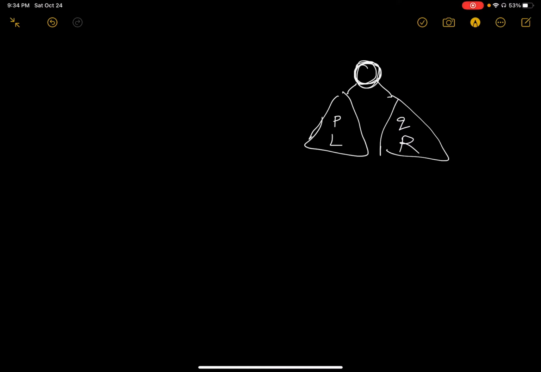In that particular case, this node will be our LCA, because if we try to trace the path from this node till the node P, all the nodes between this path won't be common in the path from the node till the node Q, and therefore the common node would be the root node itself.